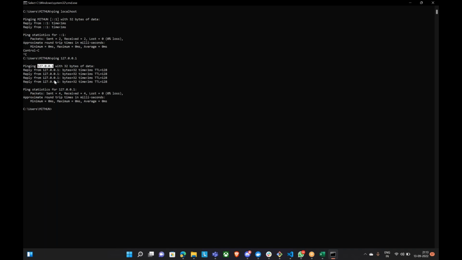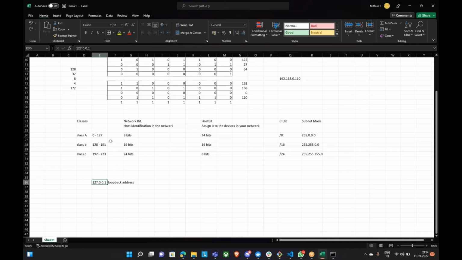As of now, it says it sent 4 packets, received 4 packets, lost 0. That means my adapter is perfectly fine. That is why some people mention the range is only 0 to 126. It is totally valid. So we will change it to 126, and 127 is for the loopback address. Is it clear?